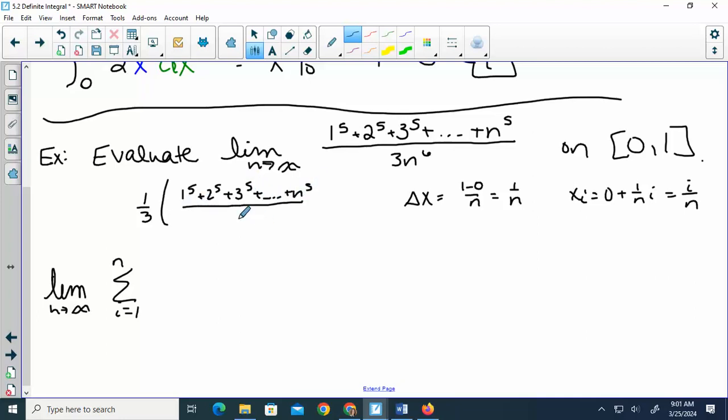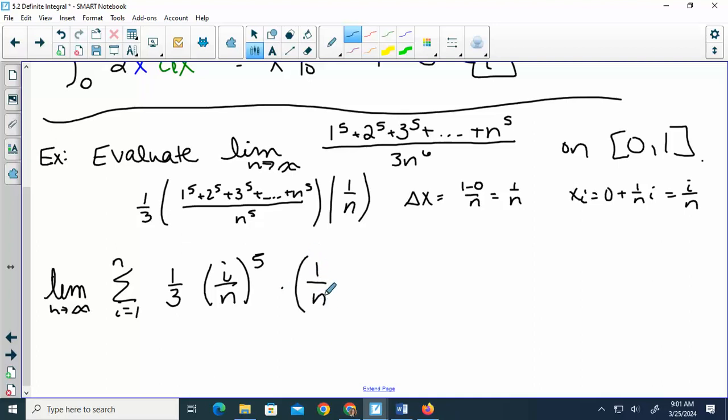Okay, what if I kept 5 of the n's here and pulled the extra one out? Then I have a 1/3. This is the sum of i over n to what power? The 5th, times my 1 over n.